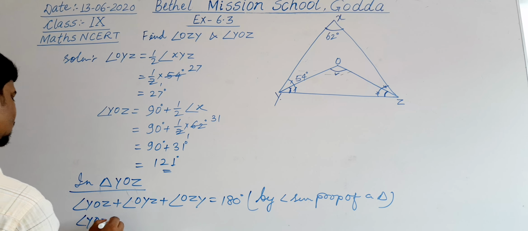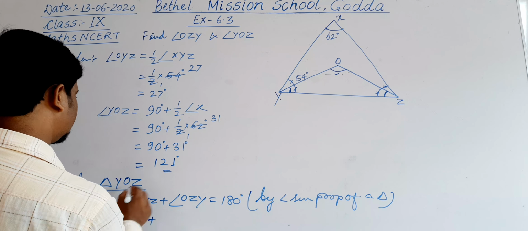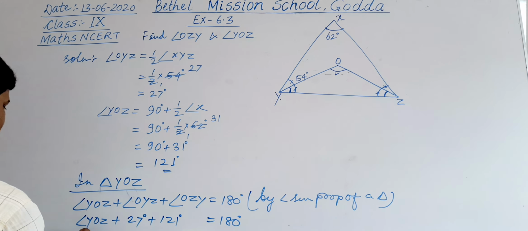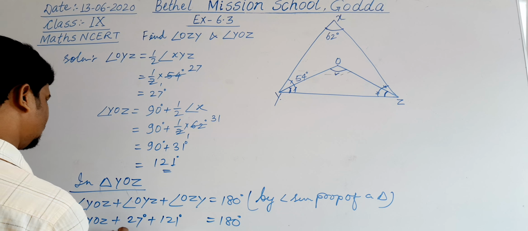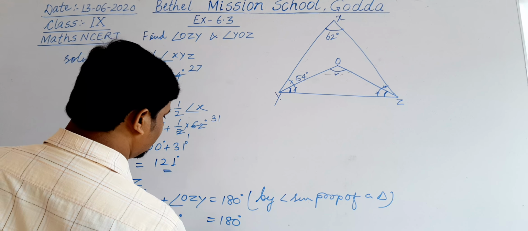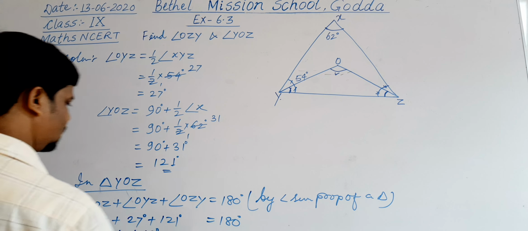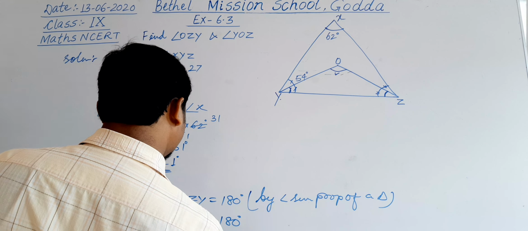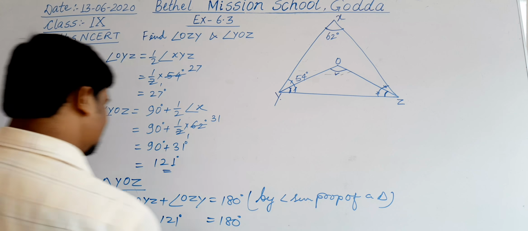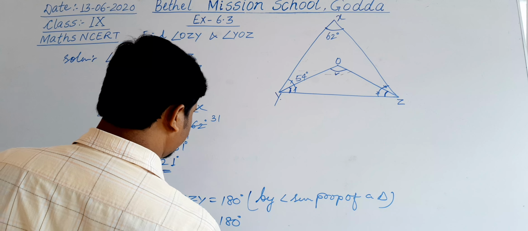Angle YOZ plus OYZ is 121 degree plus 27 degree, that is 148 degree, equal to 180 degree. Angle OZY equal to 180 degree minus 148 degree. Therefore, angle OZY equal to 32 degree.